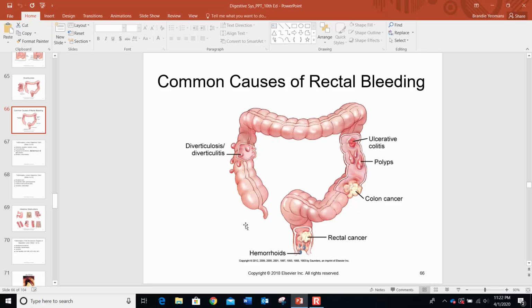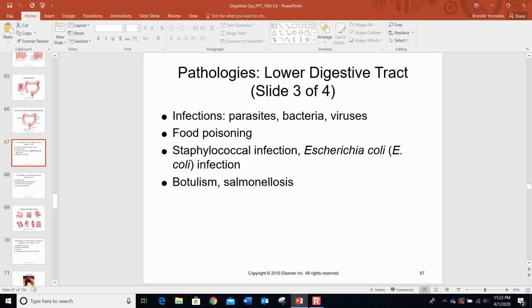So obviously we just talked about the diverticulitis and diverticulosis, that ulcerative colitis, polyps within the lower part of the colon, colon cancer, of course. Then we've got those hemorrhoids and polyps and the fissures that could cause those problems.